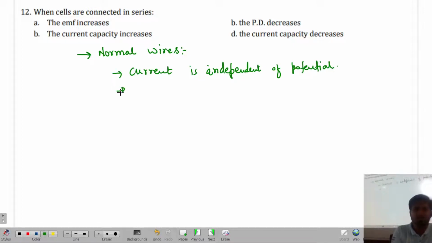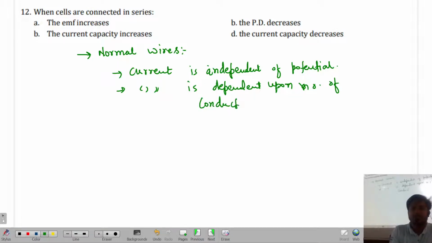Current depends upon the number of charges. Is current dependent upon the number of conductors or not? Tell me yes or no. In the wire, how many free electrons are there? On that, current depends. If you increase the potential, it is not going to increase the number of free electrons. Yes or no?